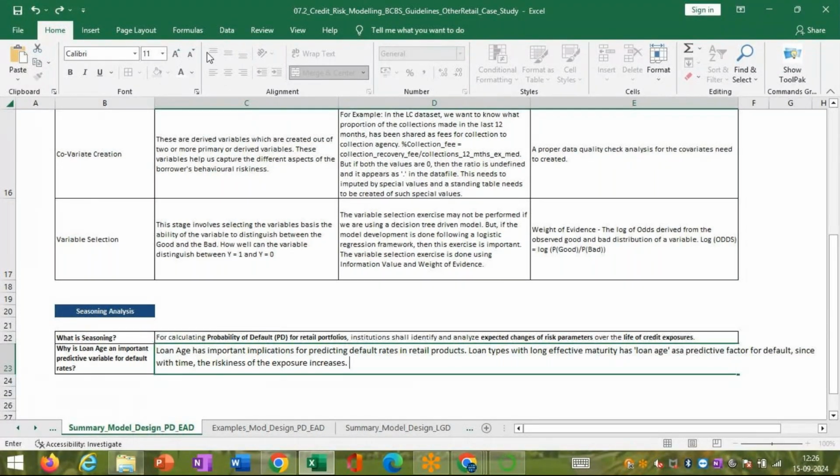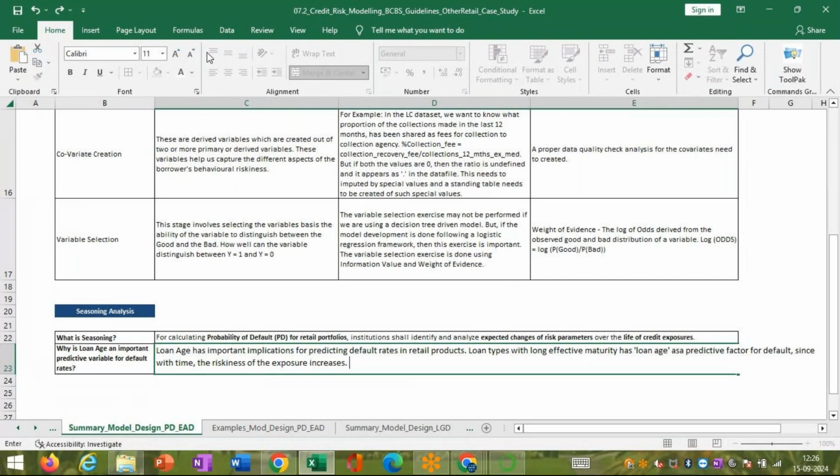If I have been on the books of a bank for 2 years and I've been continuously paying, the bank has sufficient evidence to believe that I will continue paying. Hence, the exposure from my loan will be less risky to the bank.